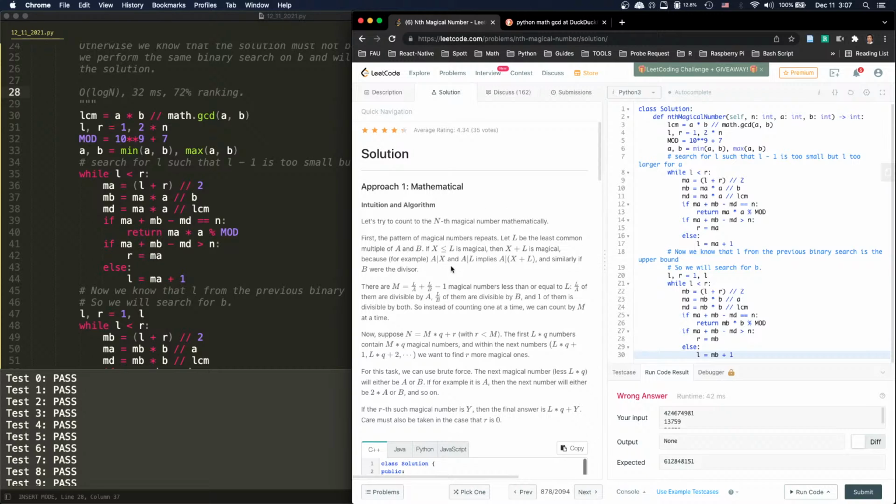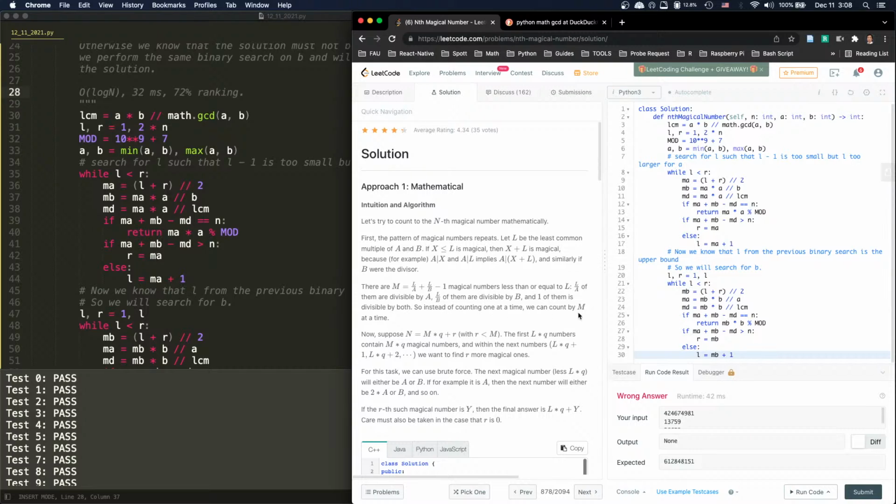So if some value smaller than, then plus LCM is magical. That is true, right? Yeah. There are L divided by A plus L divided by B minus 1 magical numbers less than or equal to L. That's true. And 1 is a duplicate.